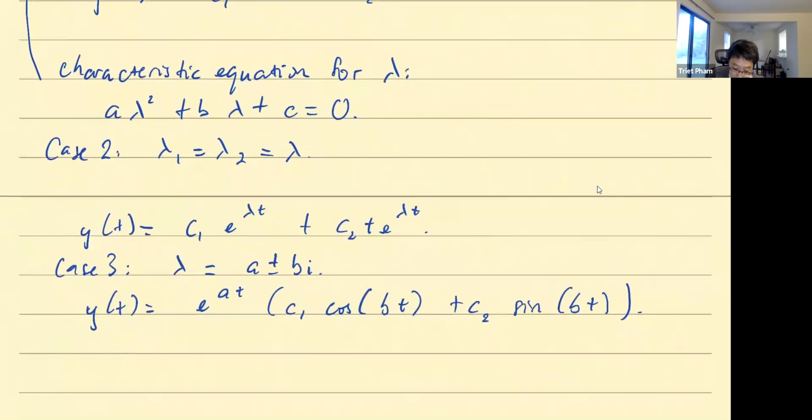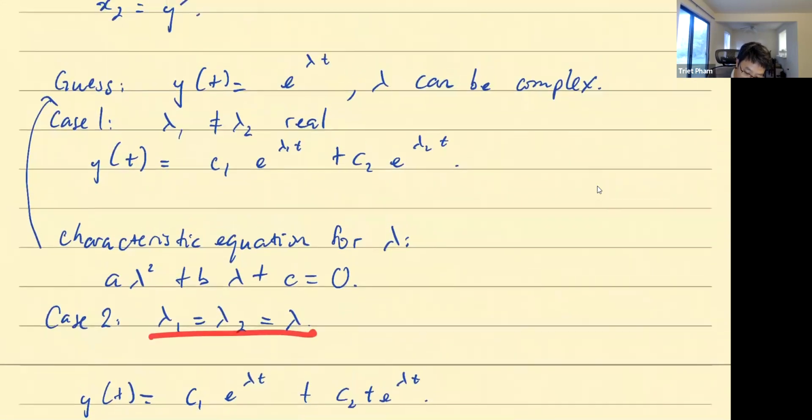All right, so let's look at case 2 first. When does case 2 happen? Case 2 is the case when we have repeated roots. And when do we have repeated roots?